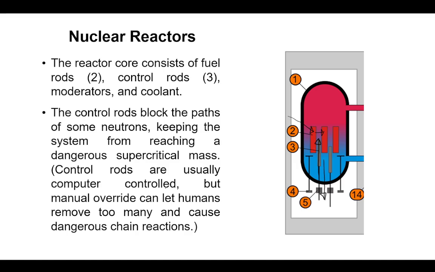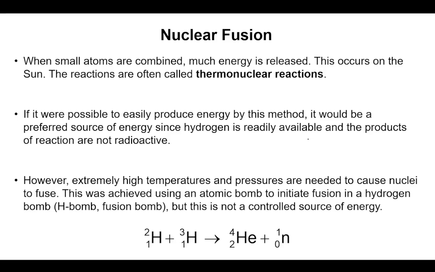And usually those are computer controlled, but they can be overridden and controlled by humans, because what you don't want to happen is supercritical behavior and a runaway chain reaction. So you have these control rods in there to absorb some of the neutrons to quench the reaction and prevent it from running away. Now, that is all nuclear fission, where one nucleus splits into two.